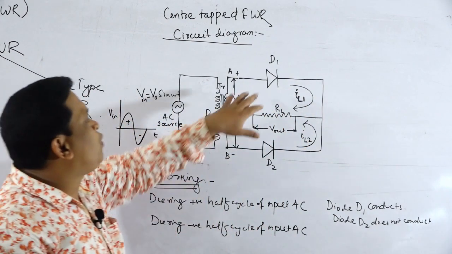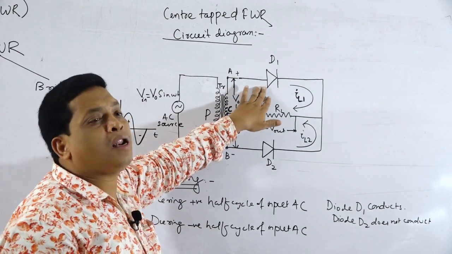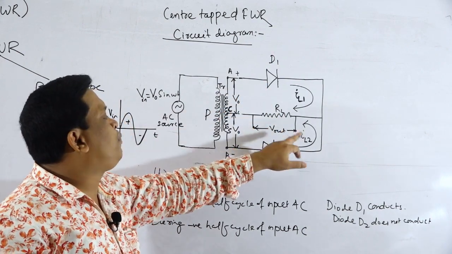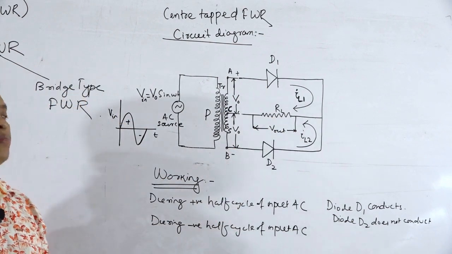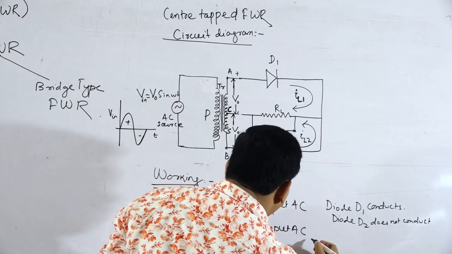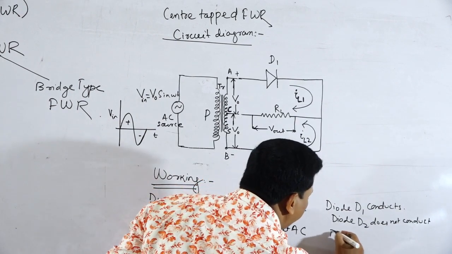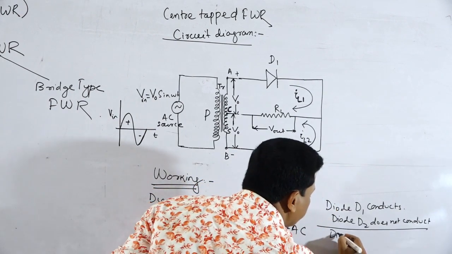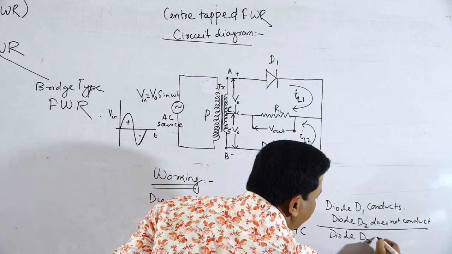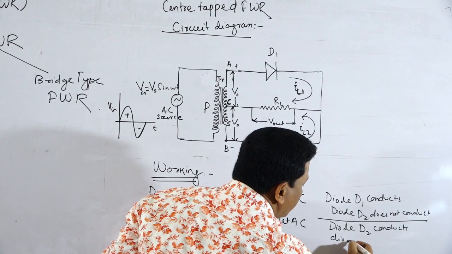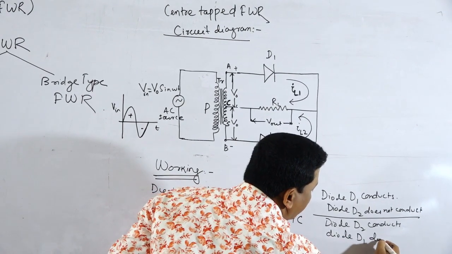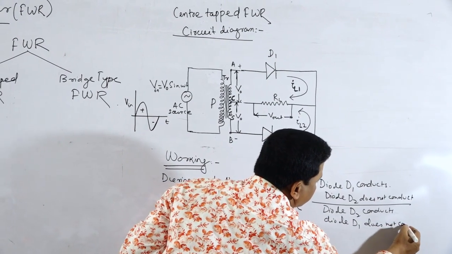So this current flows during the positive half cycle of input AC, and this current flows during the negative half cycle. So you can now write that during the negative half cycle, diode D2 conducts, diode D1 does not conduct.